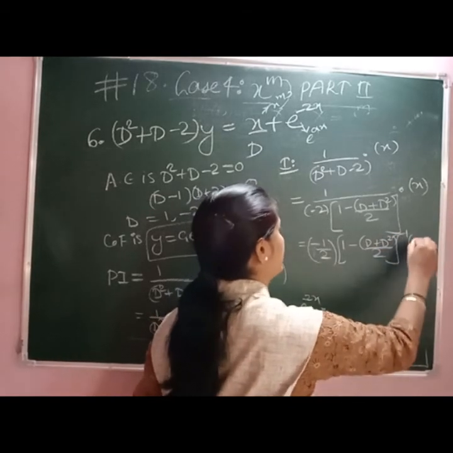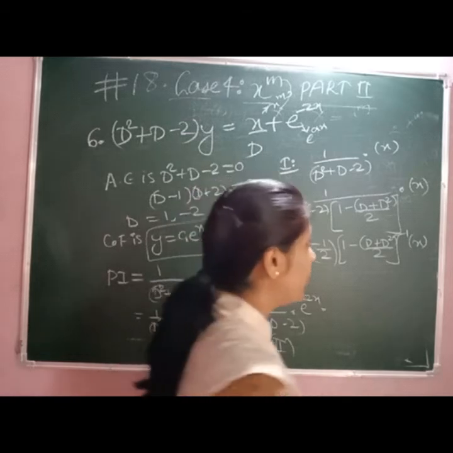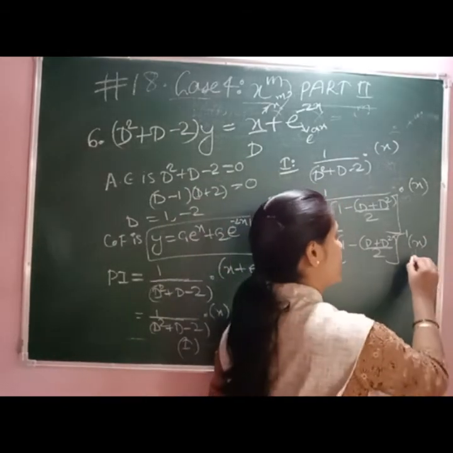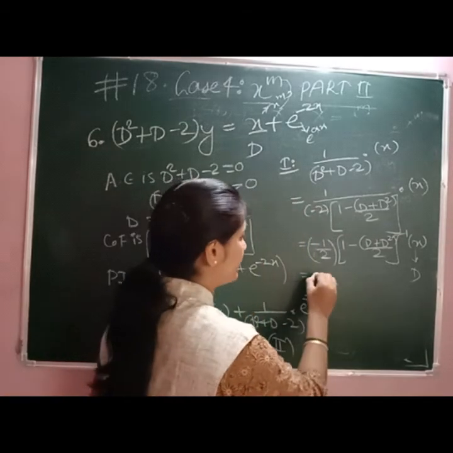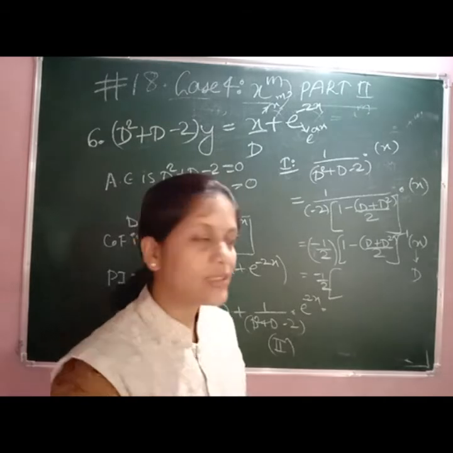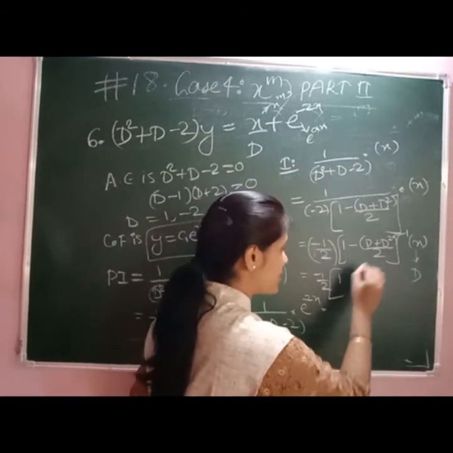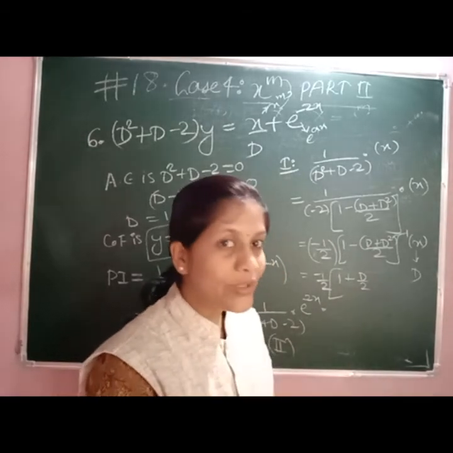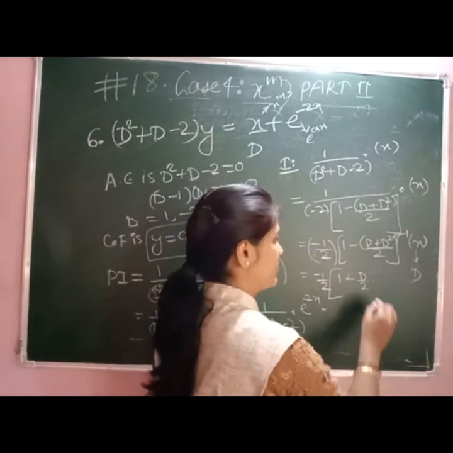Now we have to expand this only up to x^m power. m is 1, so D only. So this is nothing but −1/2 as it is. What is (1 − x)^(−1)? 1 + x. Here x is (D + D²)/2, but no need to consider D², because only up to D we have to consider.